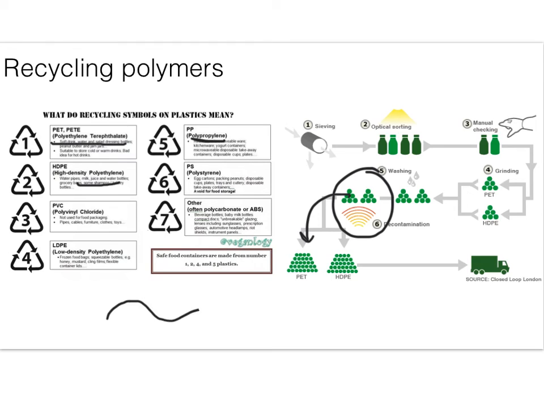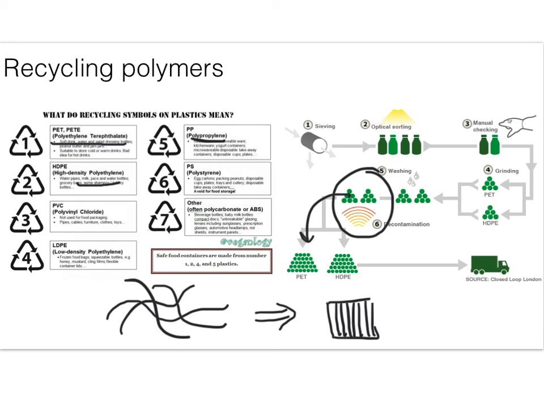You can remember this is kind of like a bowl of spaghetti. They're melted back down so that the strands are moving freely, and then they're remolded into a new object. Maybe they're remolded into a new plastic bag, for instance. And that's really what recycling is about.